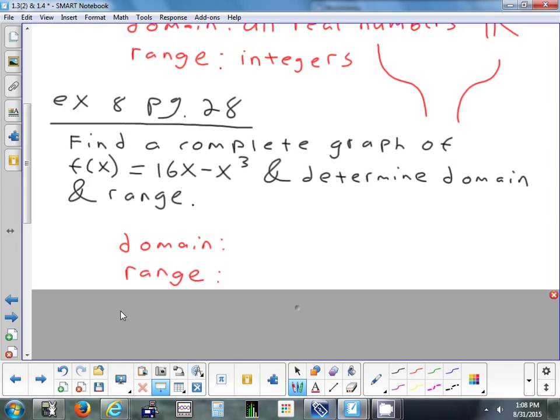Yeah, all real numbers. Any value that you plug in, you have to be able to cube it. You can cube anything you want. Any value you plug in, you've got to be able to multiply it by 16. You can multiply anything by 16. The only time you run into a problem with the domains is if you have a fraction with a variable on the bottom, or you have a square root.